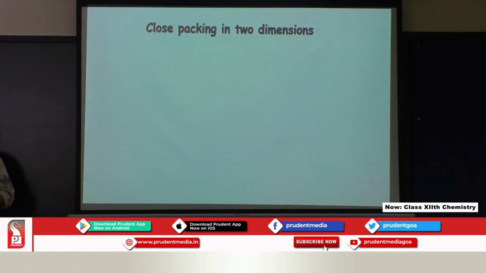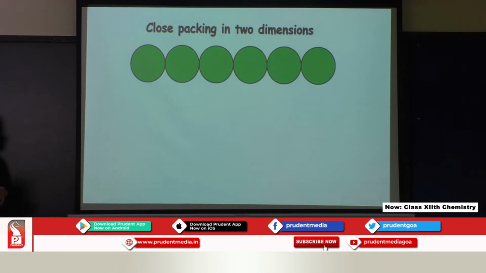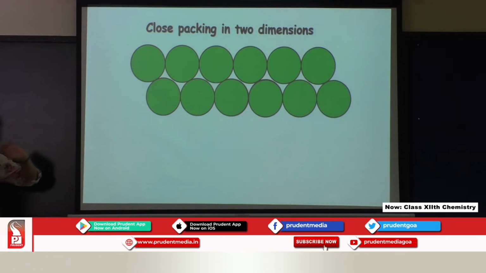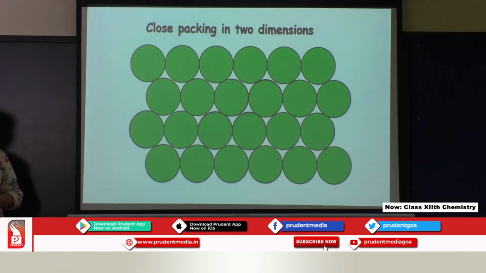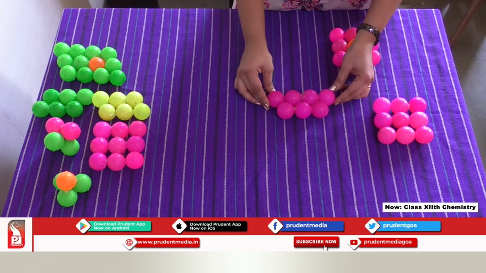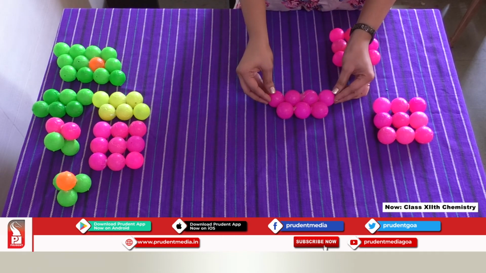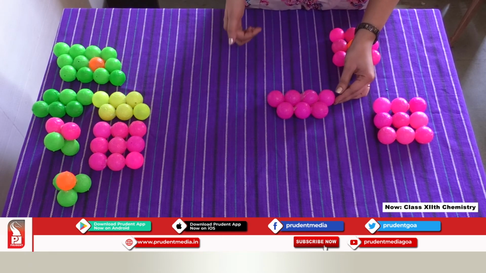Let's come to another manner of arranging spheres in 2 dimensions. We have the first layer followed by the second one. If you notice, the second layer has the spheres which are placed in the gaps which are formed by the first layer. Hence, this type of packing is more efficient. This type of packing which is more efficient is called ABAB type of packing.